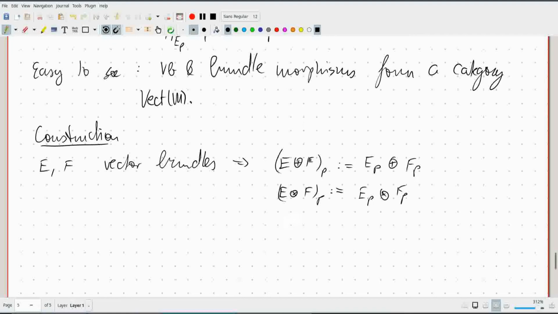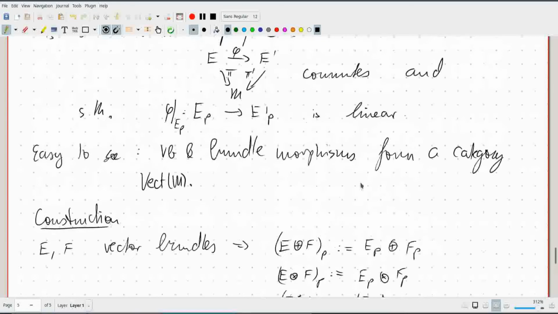Then we can do a dual bundle: we define the fiber in every point to be the dual space of the fiber of the original bundle. And lastly, and also importantly, we can define the Hom bundle from E to F, which in every point has linear maps from E_p to F_p.